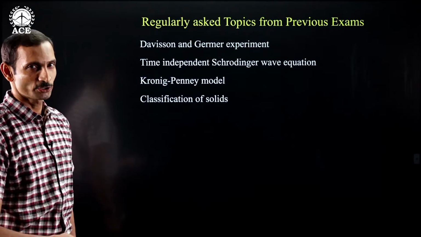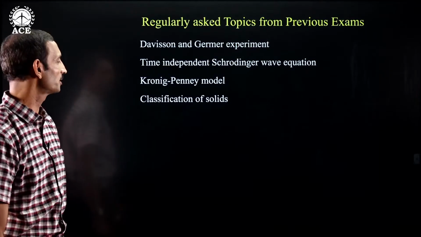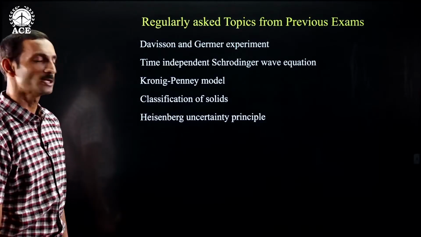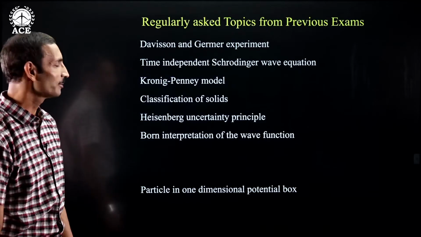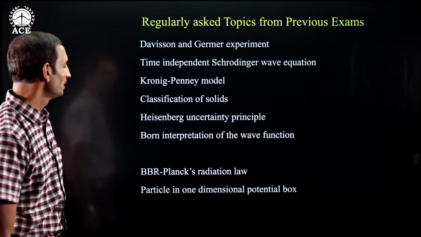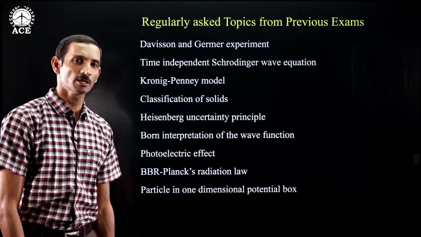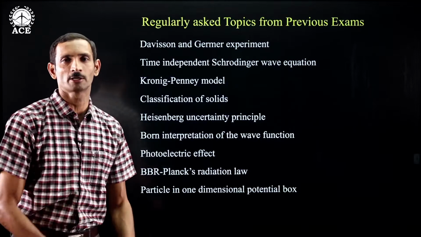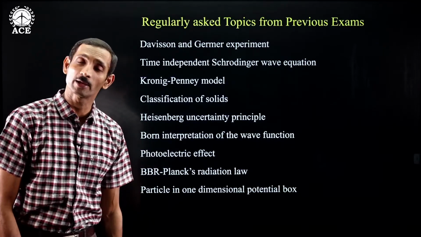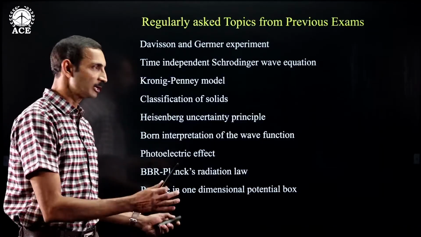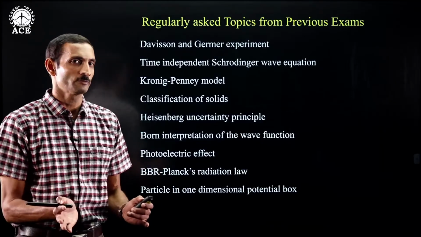And then the classification into conductors, semiconductors and insulators, as I just mentioned, and Heisenberg's uncertainty principle, Born's interpretation of the wave function, particle in a one-dimensional potential box, and in between there are Planck's radiation law and the photoelectric effect. These are the topics that are regularly questioned in the end semester examinations by the examiners.